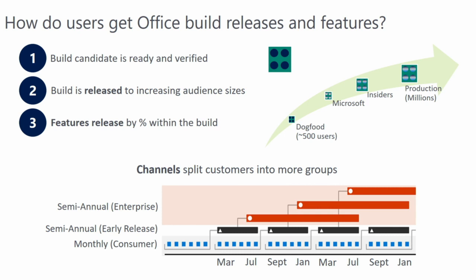The enterprises are a lot more risk averse, so they don't want to take the cutting edge stuff. They've never wanted to do that. So they take a build every 6 months internally, test it, and then they deploy that 6-month build within the organizations for stability reasons. We are doing a lot of investments in the enterprise in this space.